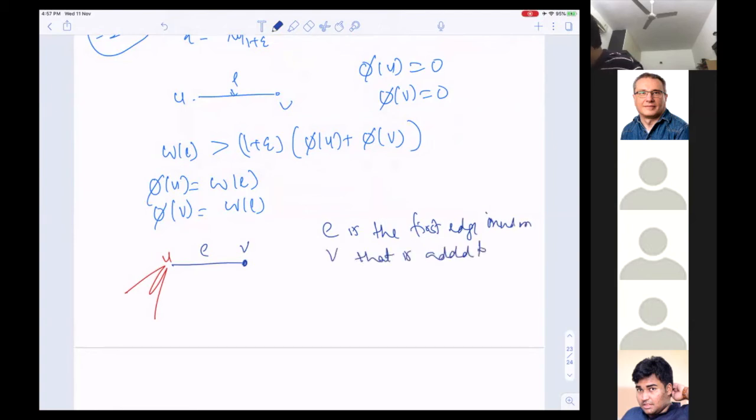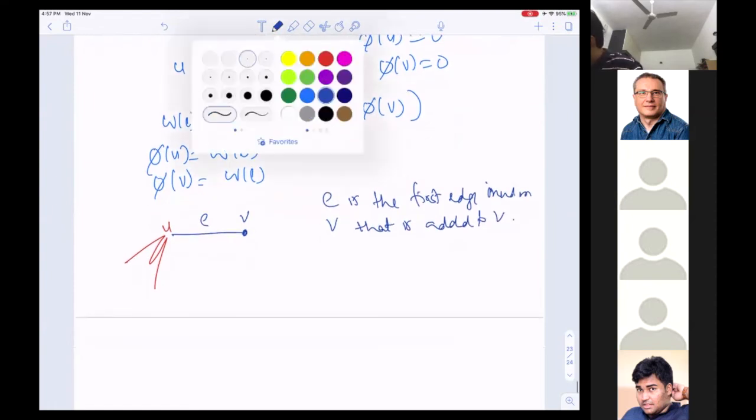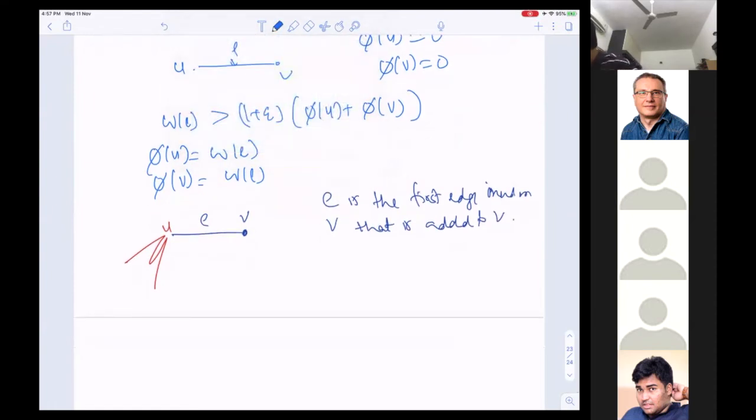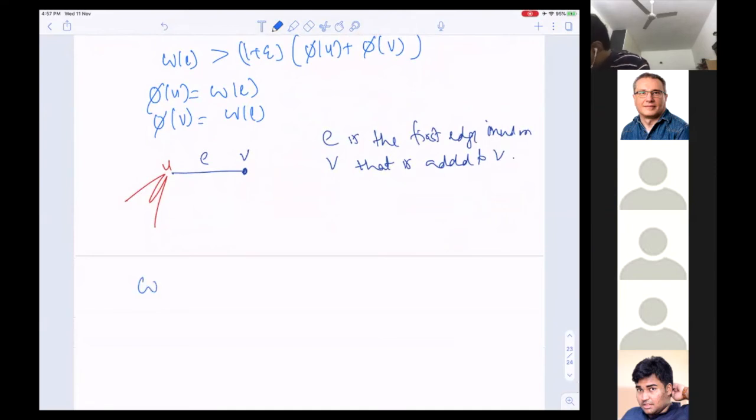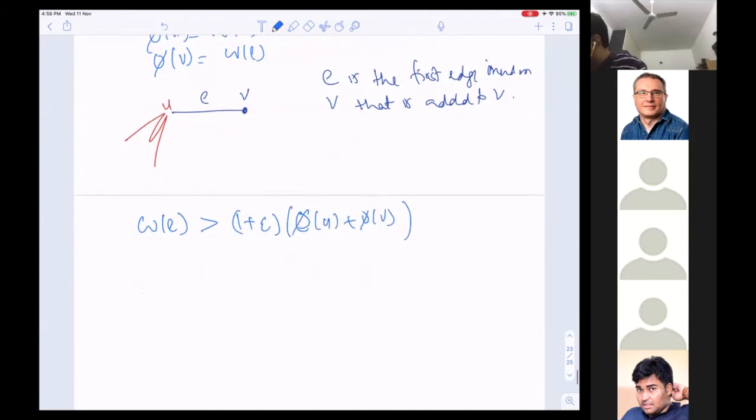Now, all we know at this point of time is that weight of E is greater than or equal to 1 plus epsilon times (phi u plus phi v). But v is new, so its potential is 0. So this is actually greater than or equal to 1 plus epsilon times phi u. This is all that we can say.